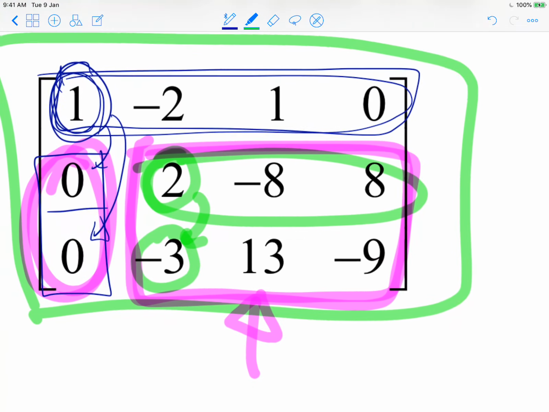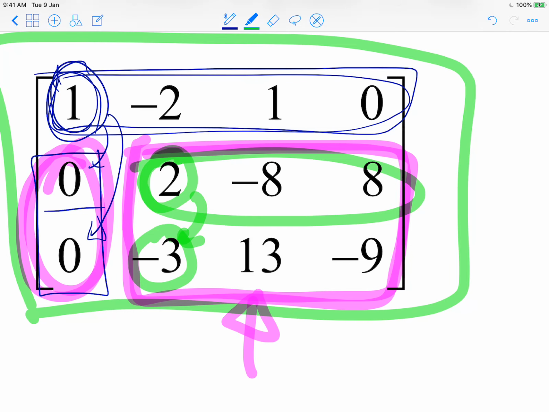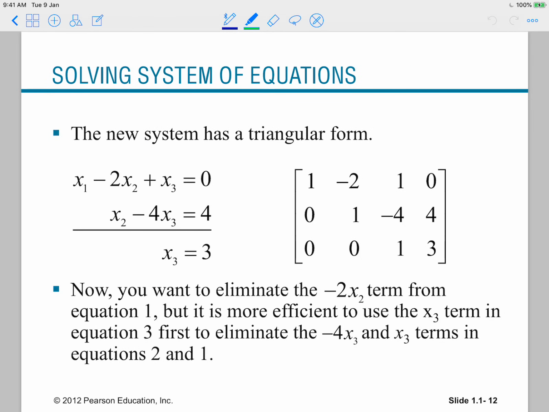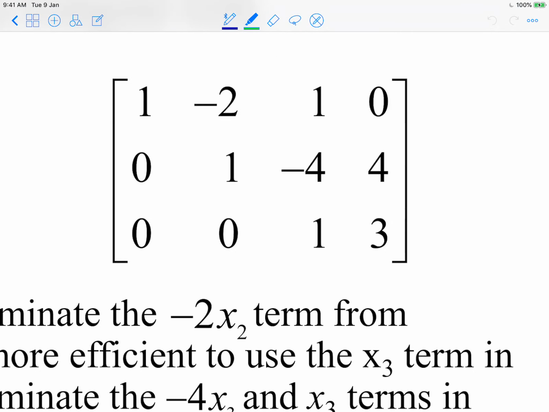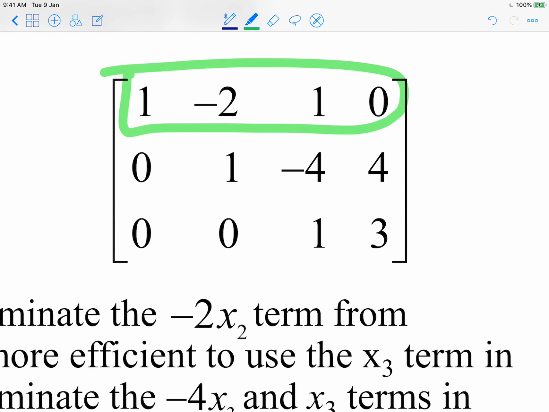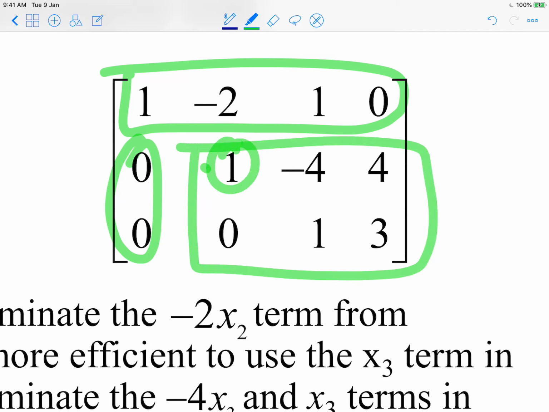Let's imagine the next process will be something like this. The first one, and then we have 0, and then using the second one, we erase this one, right? And so we now have a smaller system.